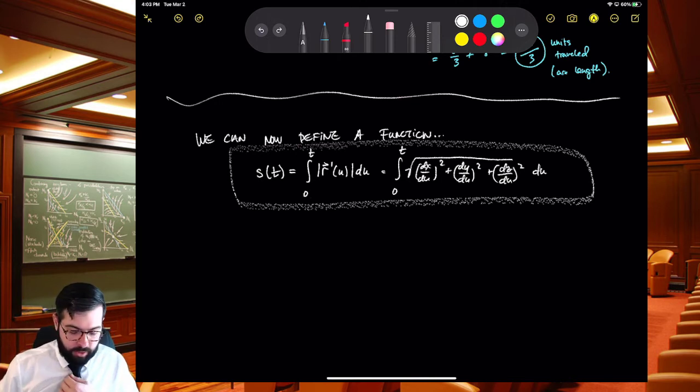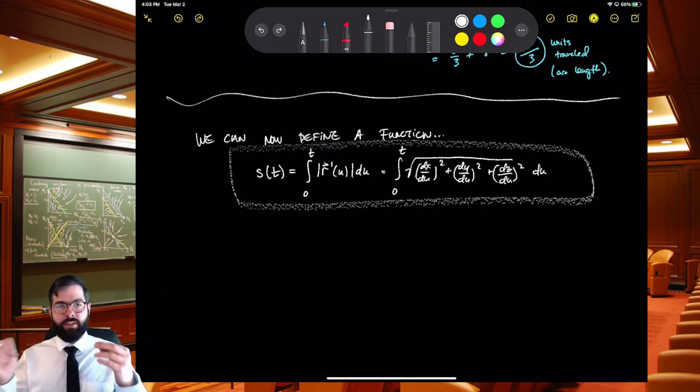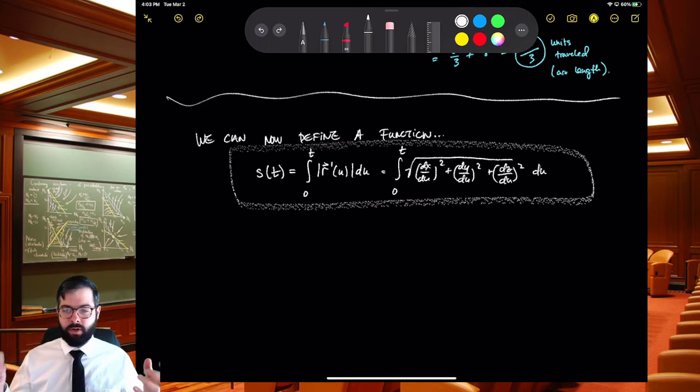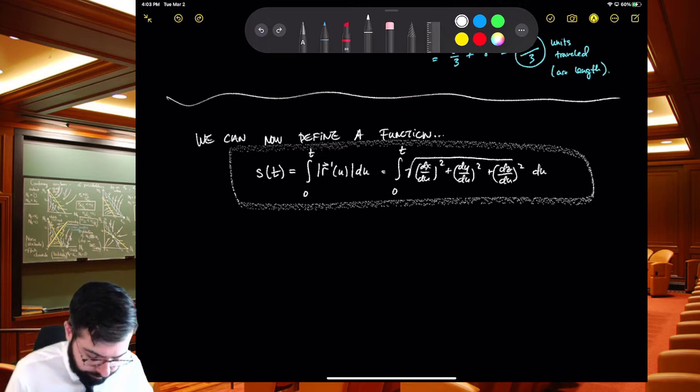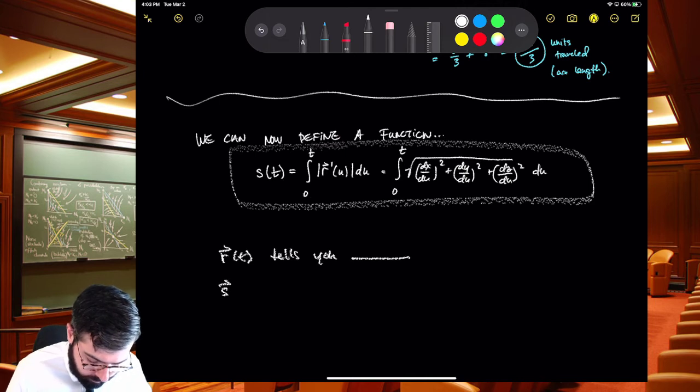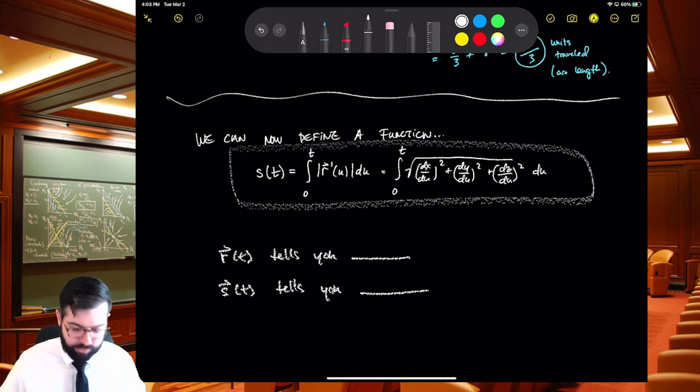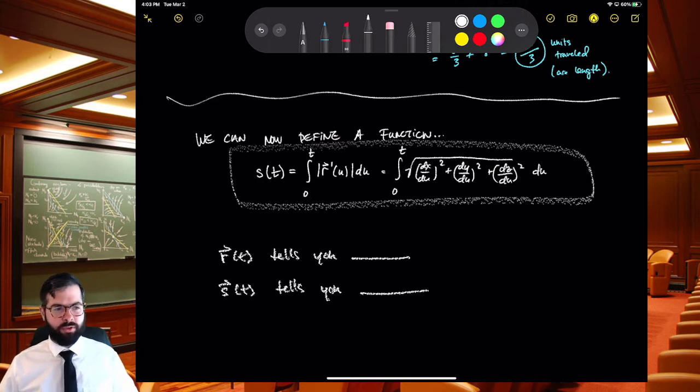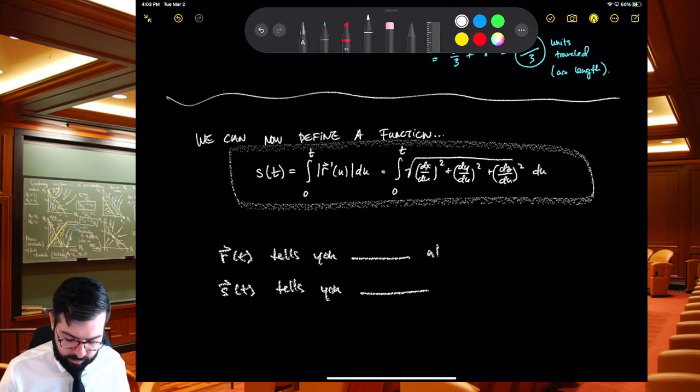Okay, so the idea is that you can let both functions go, right? R of t and s of t. R of t will tell you the blank, and s of t will tell you the blank at time t. Just to kind of make sure we're all on the same page. R of t will tell you what at time t?